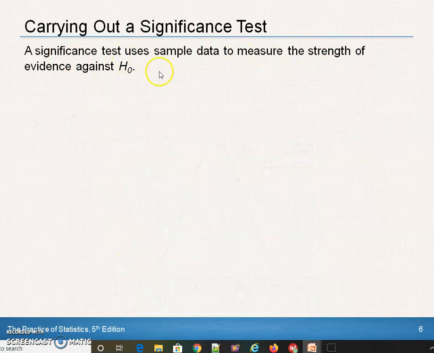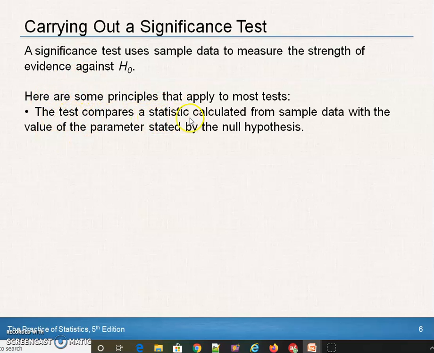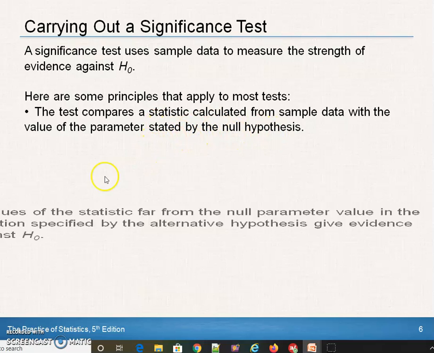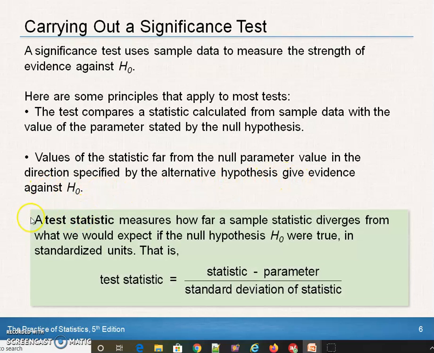A significance test uses sample data to measure the strength of evidence. Here are some principles. The test compares a statistic, in our case p-hat, calculated from sample data, the 32 over 50, with the value of the parameter, the 0.80, which is stated by the null hypothesis. Values of the statistic far from the null give evidence against the null hypothesis. But we need this test statistic so we can move things back to where we can check this a little easier: standardize it.